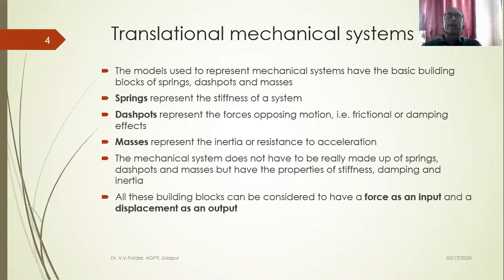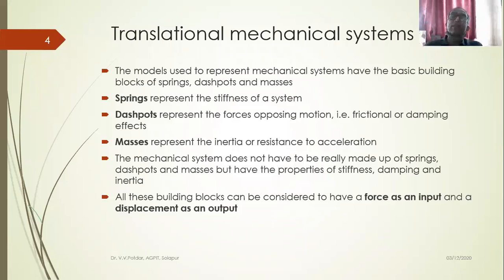So in a nutshell, any translational mechanical system can be modeled by using three basic elements: mass, spring, dashpot, or spring, dashpot, mass, whatever is the sequence. So these three basic elements will be sufficient to model any of the translational mechanical systems. Remember, any of the translational mechanical systems.